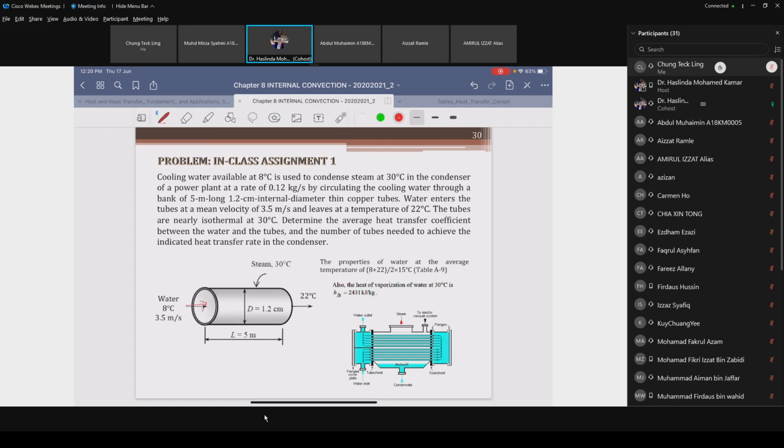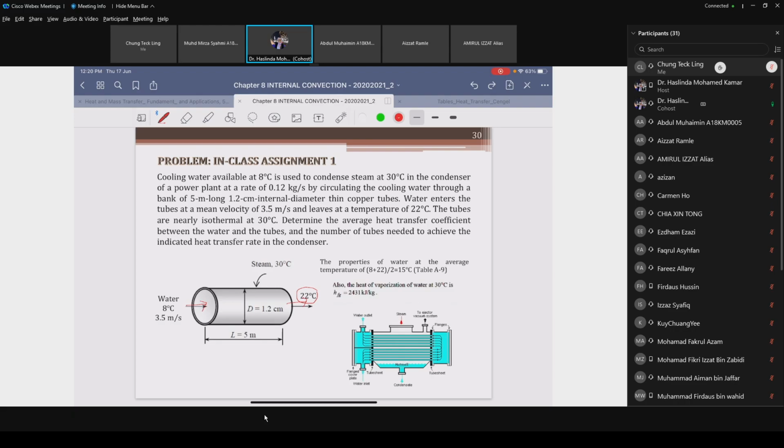The water is cold, and then when it exits the tube, the temperature increases. Can you see? Because the heat from the steam is transferred to the water, the water experiences a heating process. Okay, so how do we determine the heat transferred?